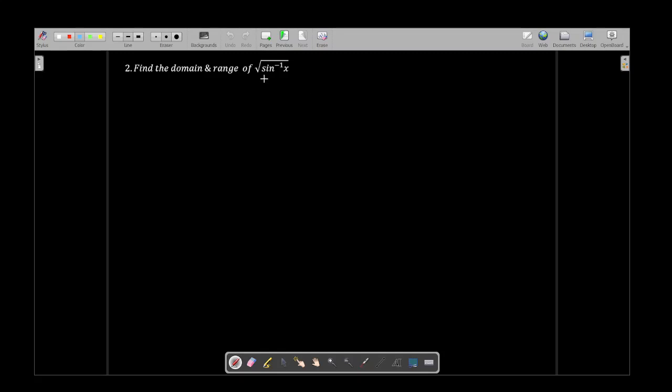We have the square root of sine inverse of x. Now let us take this value. This value should be between -1 and 1. There is no problem for sine inverse to exist when x is between -1 and 1. But the problem is if it takes -1, I'll get the square root of sine inverse of -1, which is minus pi by 2.